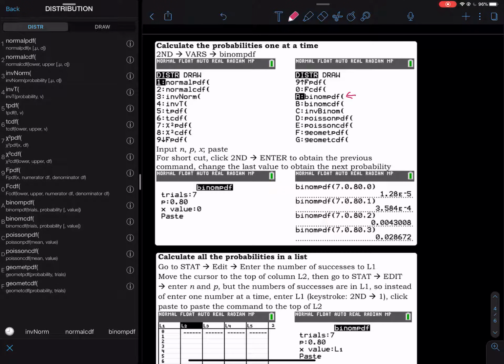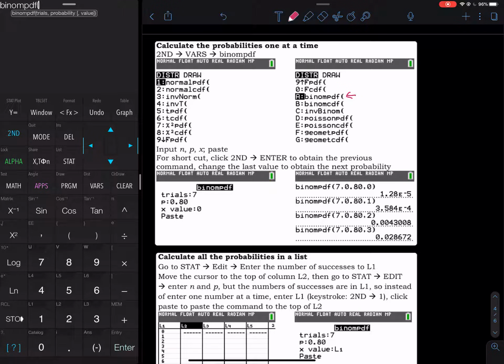In my calculator, that is line letter A, binomial PDF. You have to hit the down arrow so that the cursor goes down one step at a time until you reach binomial PDF, and then you click enter. In your TI-84, the newer calculator, they will bring you to a menu, which is right here.